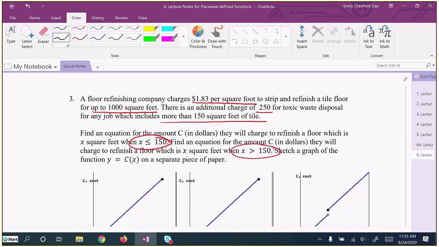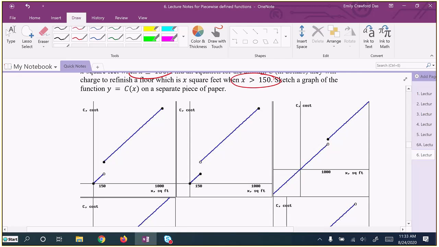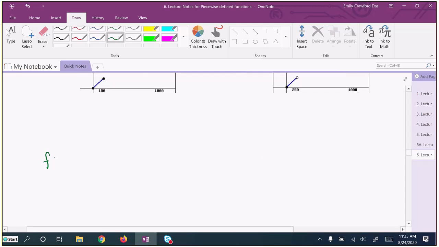So let's start our function notation. I probably need a little more room here. Let's do it down here. Let's say f of x is equal to, and we know that one part of our domain is going to be when x is greater than 150. The other part is when x is less than or equal to 150.